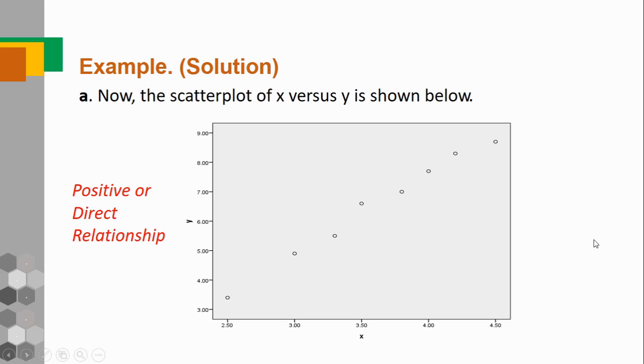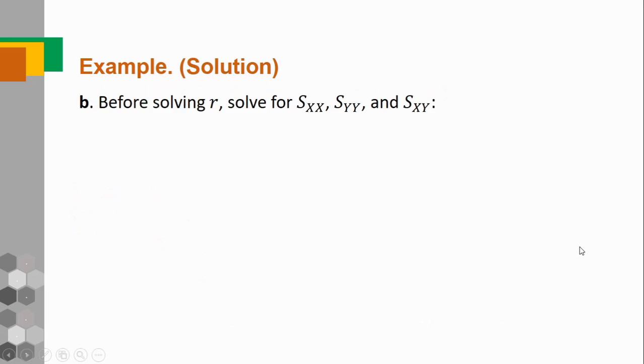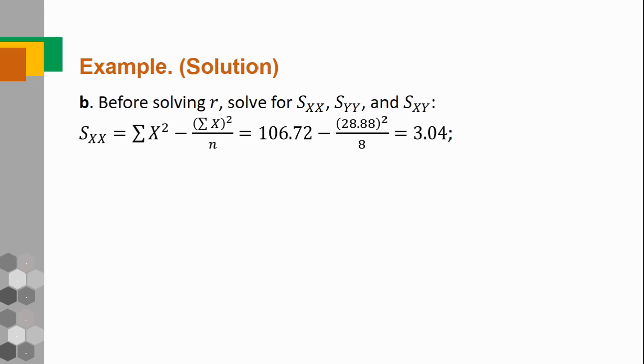And now let's proceed to letter B. Before solving R, let us first solve for S sub xx, S sub yy, and S sub xy. S sub xx equals, using the formula that we have, the summation of x squared minus the square of the summation of x over n.